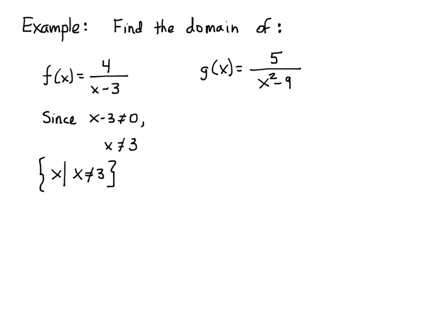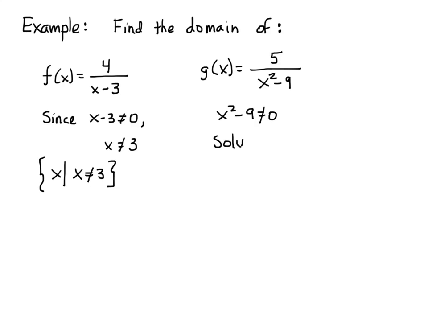Okay, so now let's look at the second one. We don't want x squared minus 9 equals 0. Now, it's hard to do algebra with an inequality there. So oftentimes what we'll write is x squared minus 9 equals 0, and then figure out the values that x is not supposed to be.